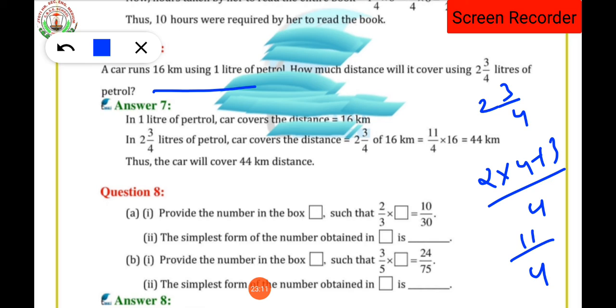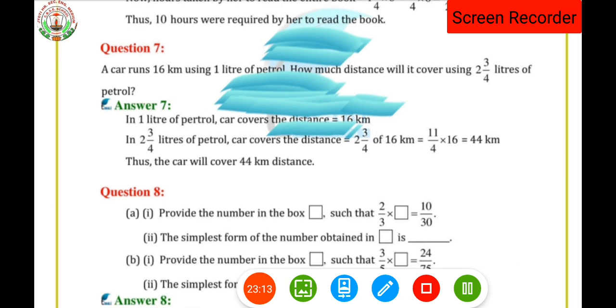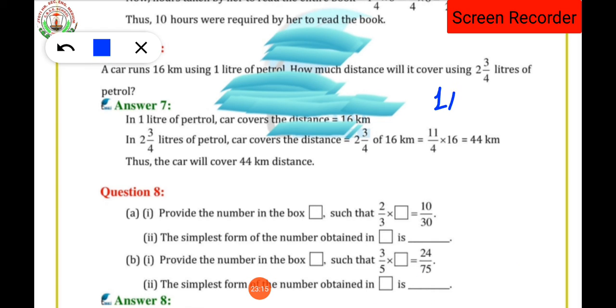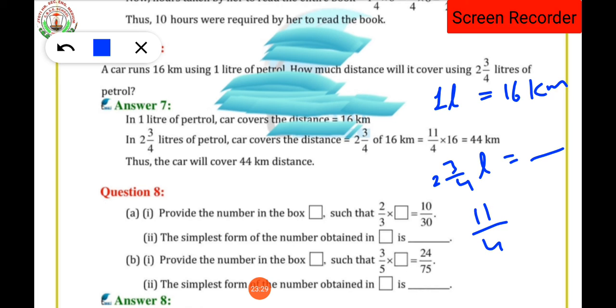11 upon 4. Okay. ना अगर 1 लीटर पेट्रोल में 16 किलोमीटर डिस्टेंस ट्रैवल कर रहा है तो 2 3/4 लीटर्स में how much distance it will cover. So it will be changed as 11/4. Okay, when we change this mixed fraction form into improper fraction, it will become 11/4 into 16.